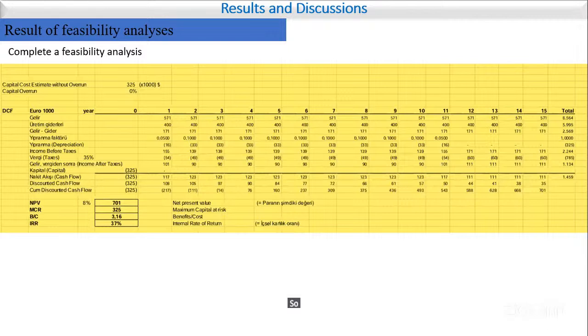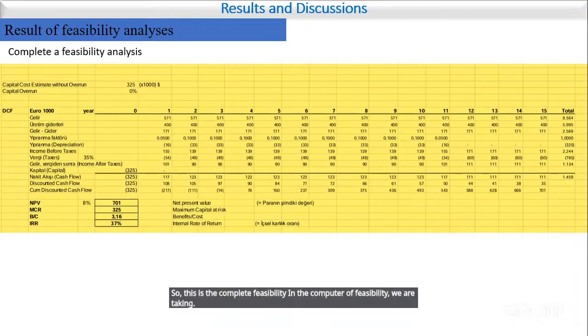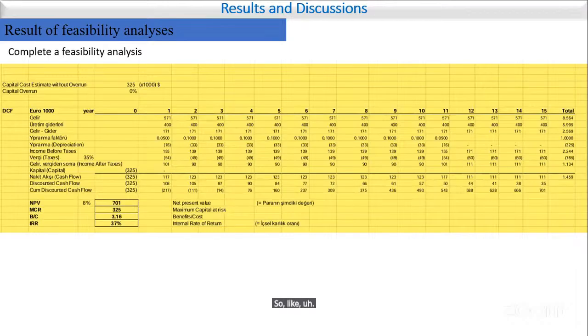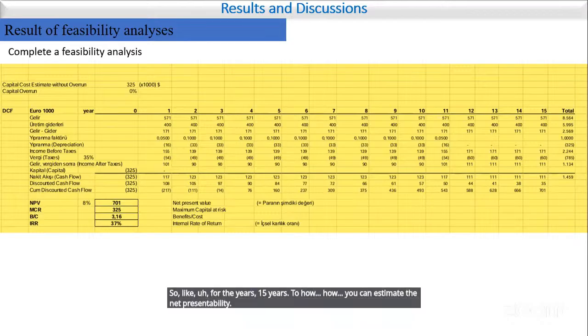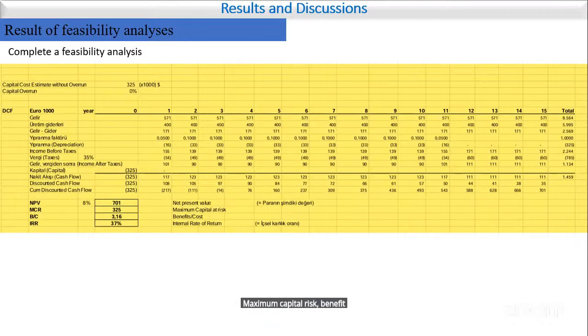So this is the complete feasibility. In the complete feasibility, we are taking 15 years. So we estimate the net present value, maximum capital risk, benefit cost, and internal rate of return.